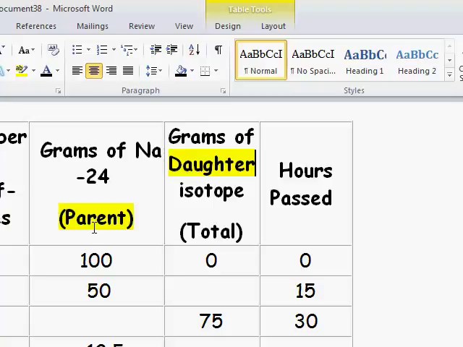So again, the parent is unstable, giving off radiations like particles and energy, and it slowly but surely decays and turns into the stable daughter isotope.